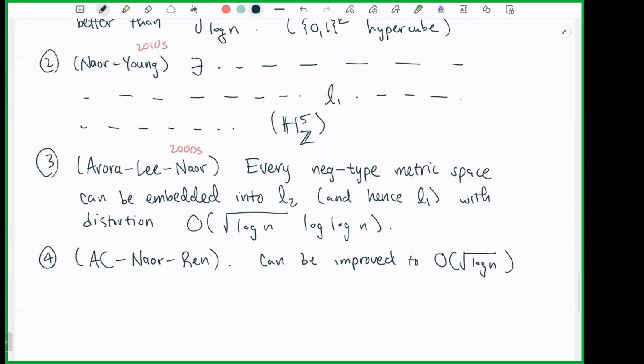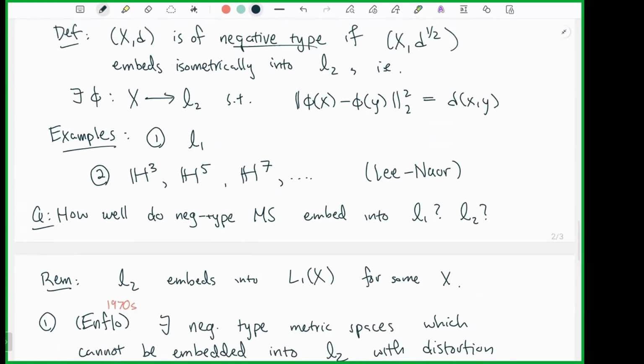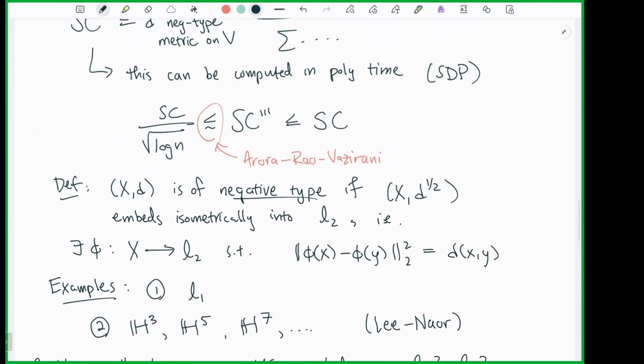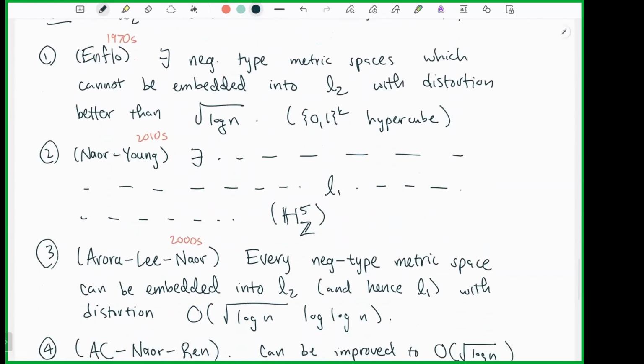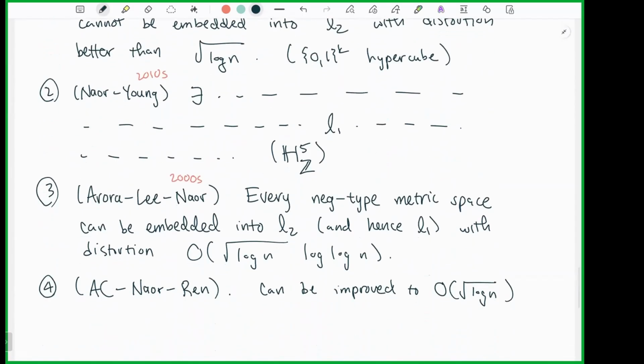The proof builds a lot on the previous ideas. There was this structure theorem by Arora, Rao and Vazirani, which led to the proof of Arora, Lee and Naor, and many of the ideas in their proofs also appear in our proof. We find some parts where the proof can be tightened a little bit, and that leads to this.